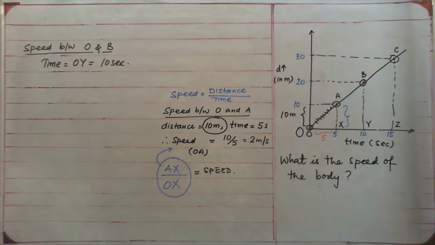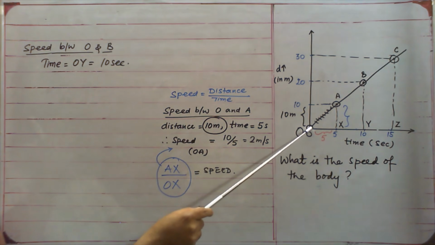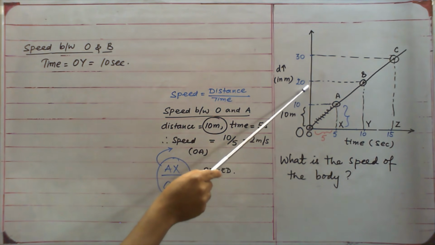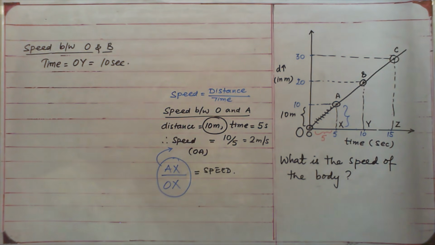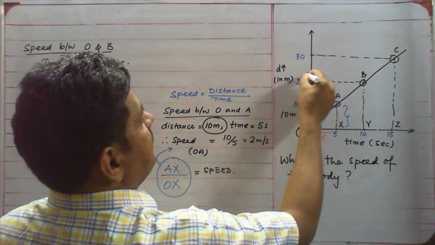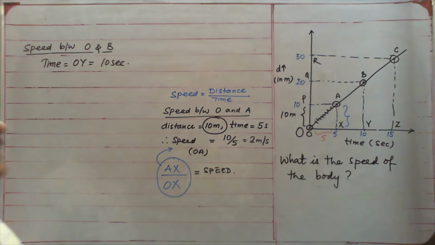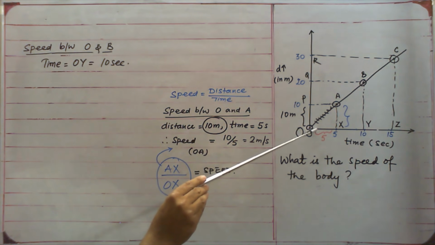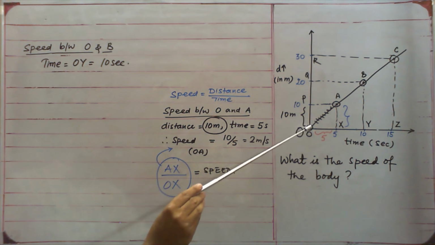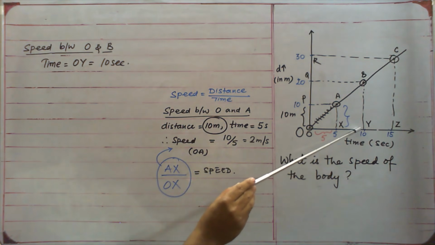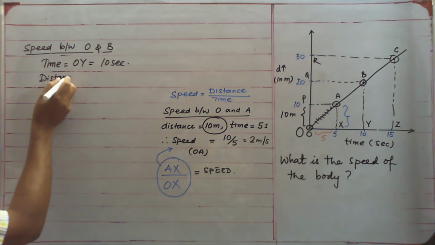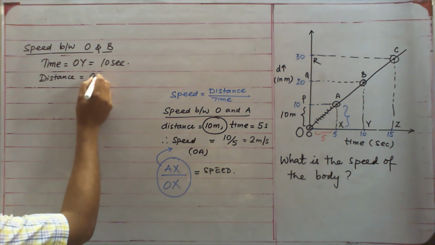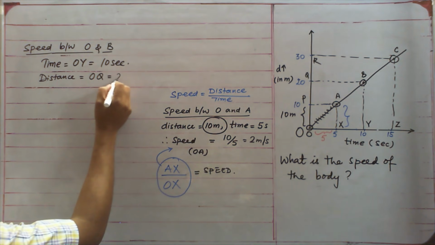And what is the distance travelled? Distance travelled is from O to this point. If I mark these points as P, Q and R, we can write the distance as OQ, from O to Q, and the time is from O to Y. So the distance is OQ and this is 20 meters.